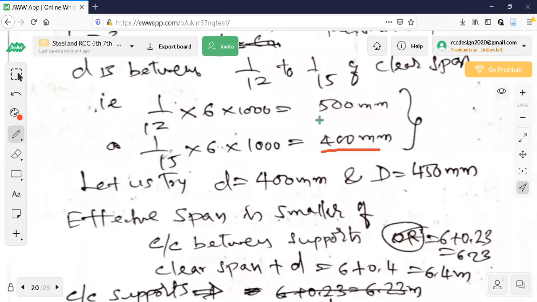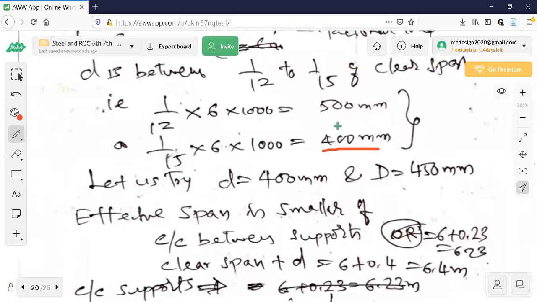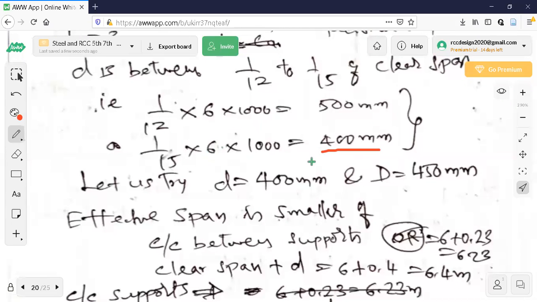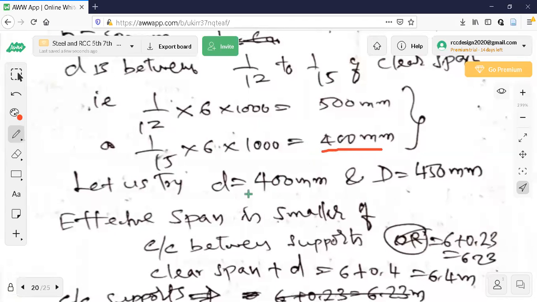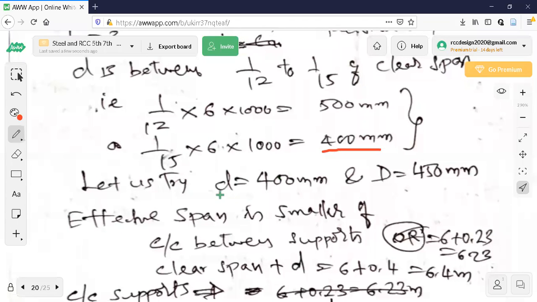One can even start with small d of 450. After solving some problems, you will understand it depends upon the load coming. Since the load is less here, a load of 12 kN is not much, I have selected 1/15th, so 400 mm.